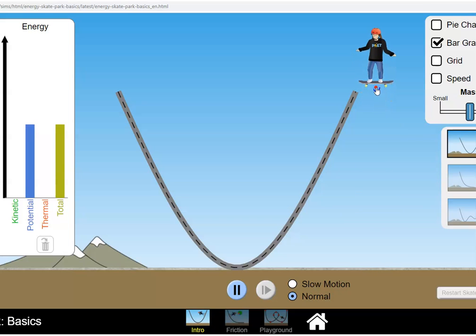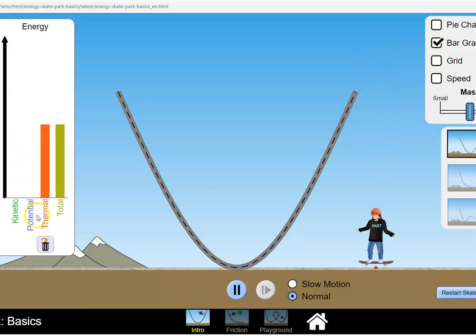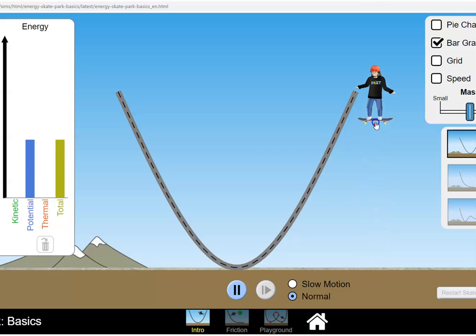If I let go while the skateboarder's in a gravity field, gravity's going to do work pulling the skateboarder down, and this potential bar is going to drop and kinetic goes up. And then thermal energy, bust your knees or your ankles if you're not bending, tucking and rolling when you hit the ground. But when you do work against gravity, you increase the potential energy stored. When gravity does work, it takes away that potential energy.